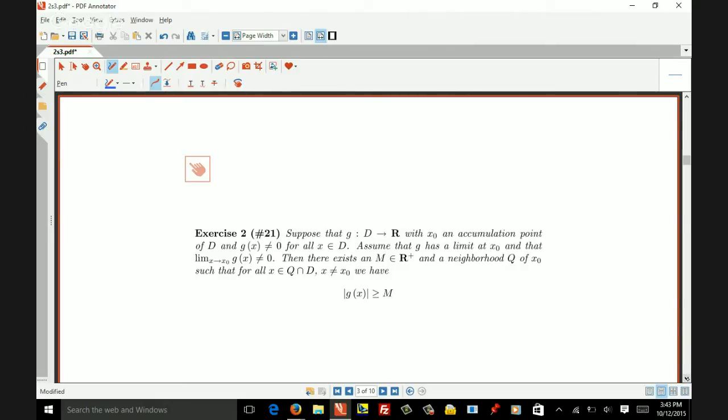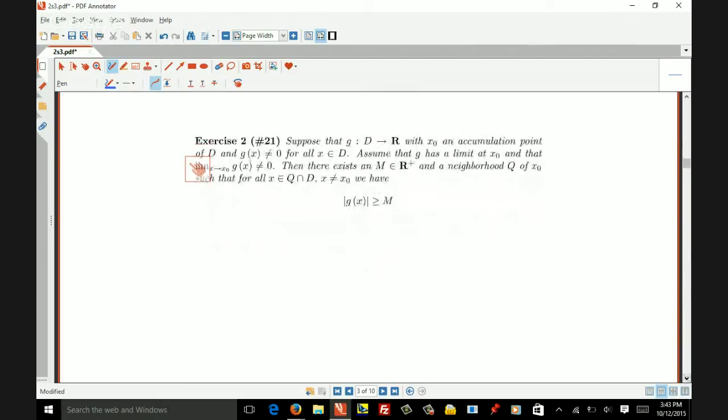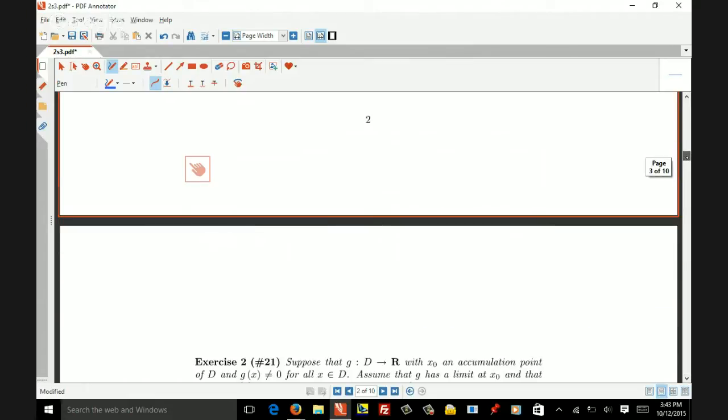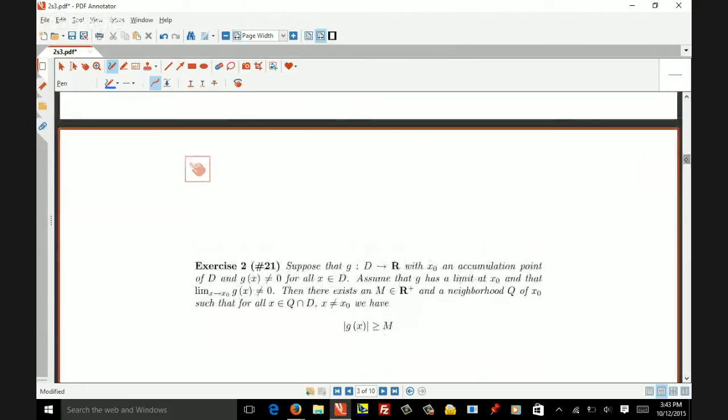Okay, we're looking at exercise 2, number 21. It says, suppose that g takes D to R. Just to clarify, g is a function. Whenever we use this notation, that's telling you it's a function, and R is the reals.